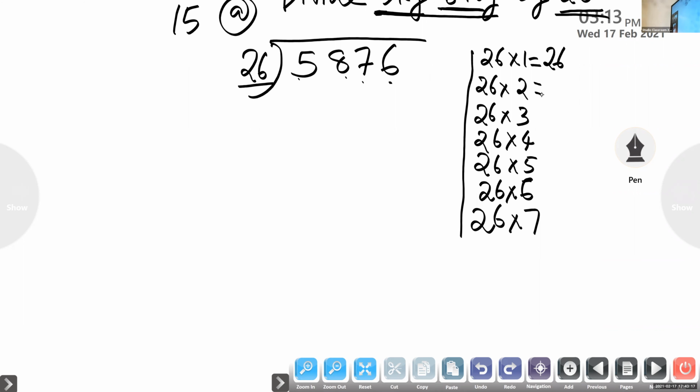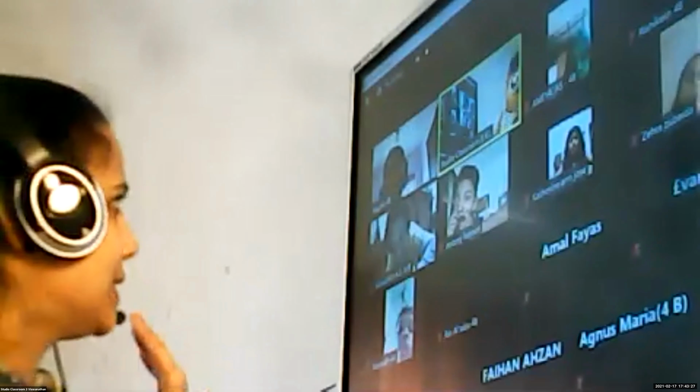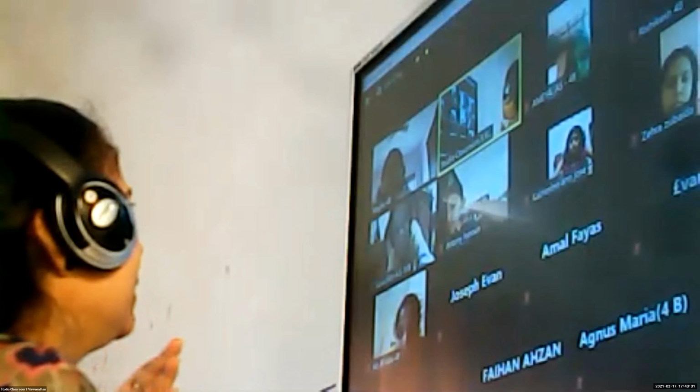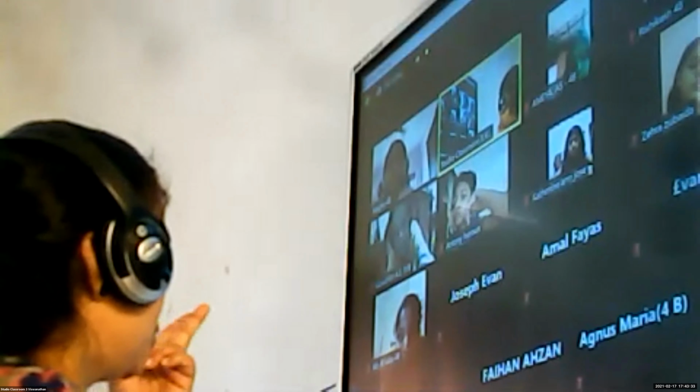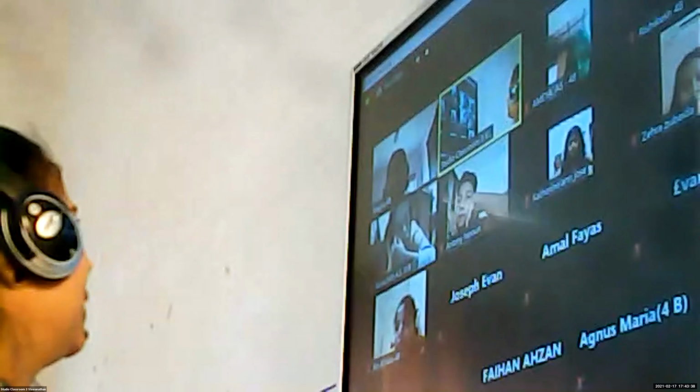This you have to multiply and find out. Children, please be thorough with the multiplication tables. Which is the divisor here? 26. And you have to write the table for 26. How will you get the table? You will multiply with 2, with 3, with 4, with 5, like that.